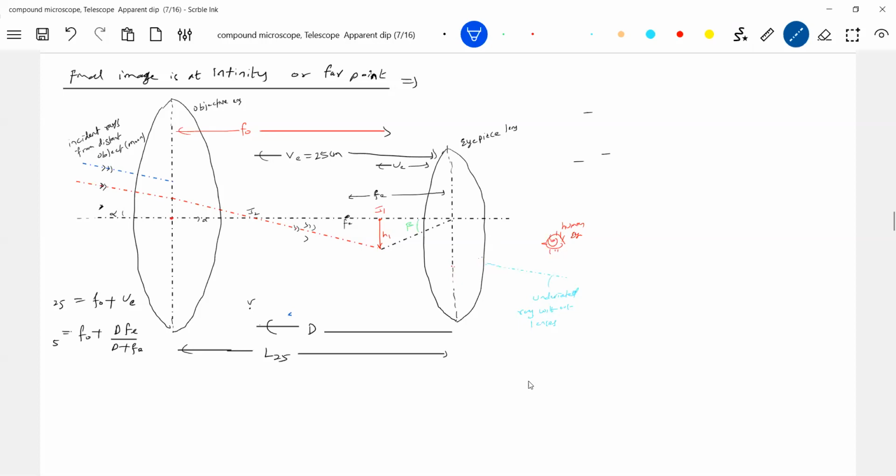I'll redraw it all again. This will be a line, no?